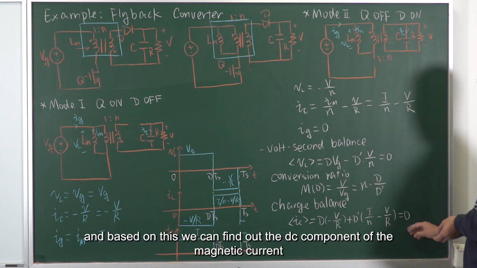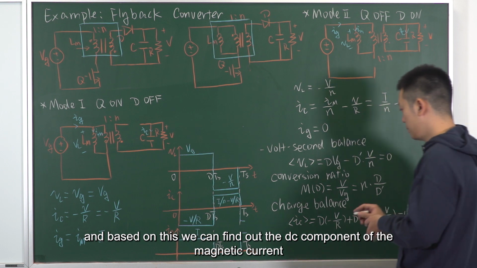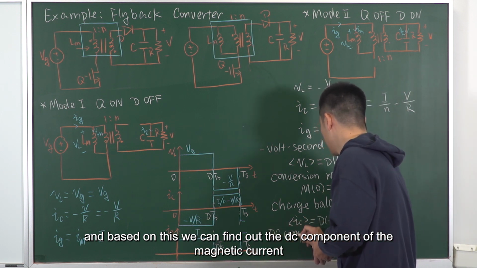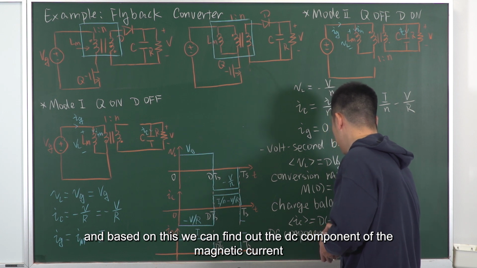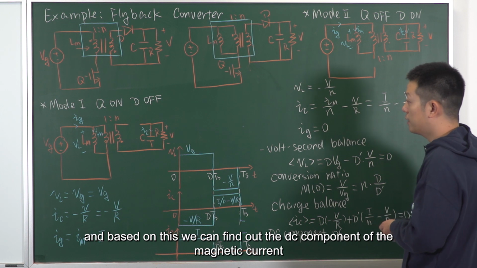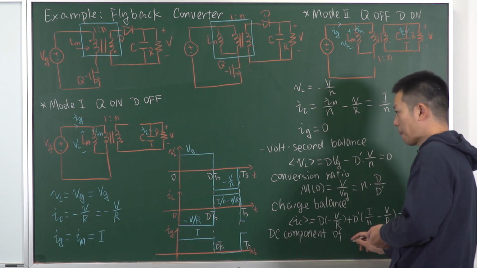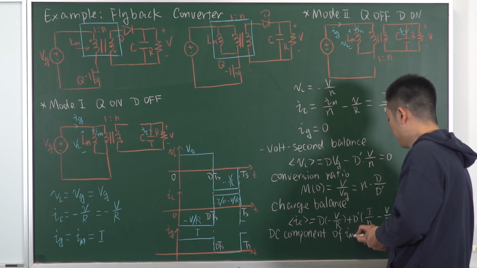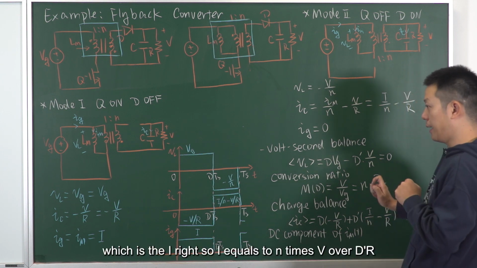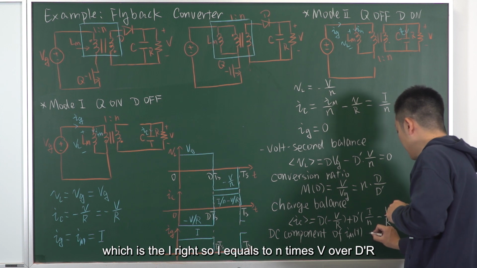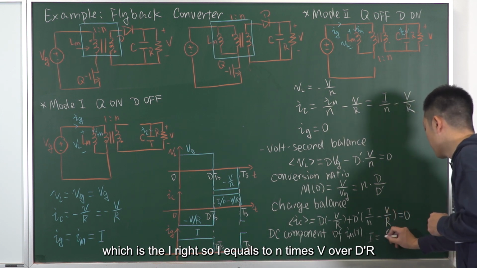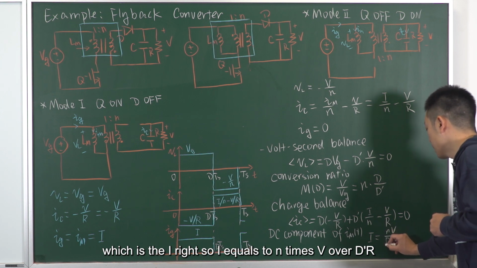Based on this, we can find the DC component of the magnetizing current, which is the capital I. So capital I equals N times V over D prime R.